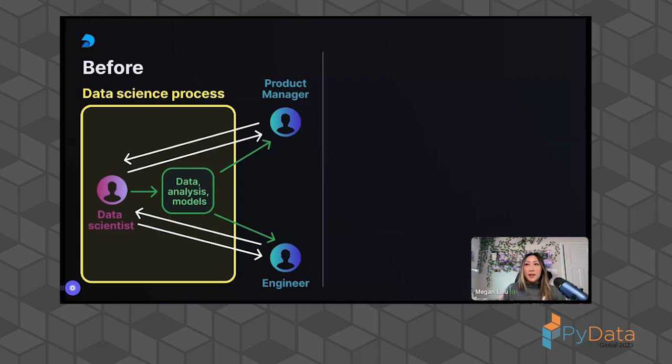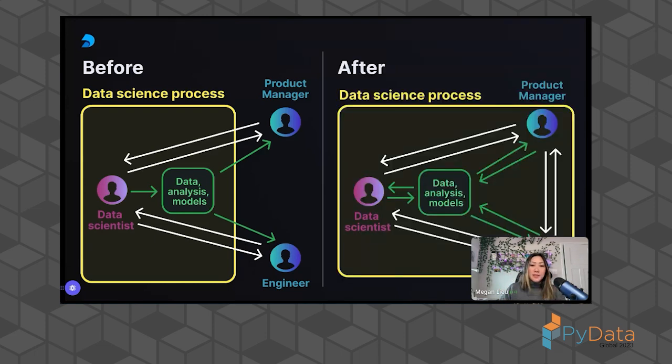We saw data democratization as the key difference between this state where the data science process only involves those who are considered pure data scientists, and this after state where you are involving the people who are outside of that traditional data org, and this is where the citizen data scientists come in.